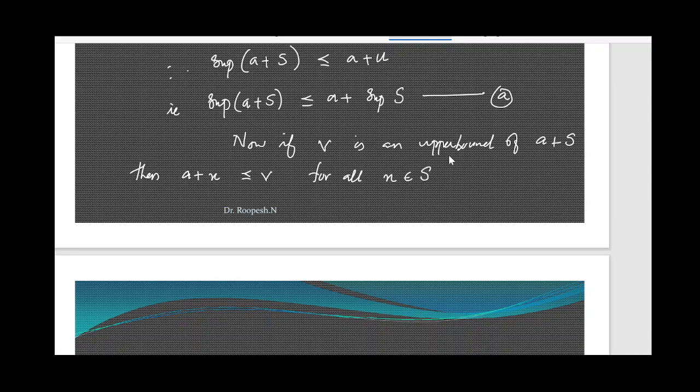V is an upper bound of A plus S, so A plus X should be less than or equal to V for all X belongs to S.